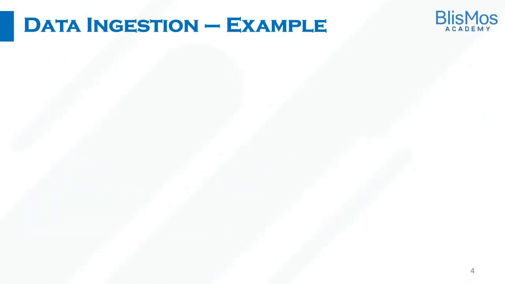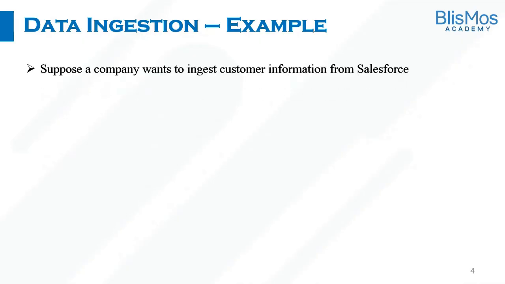So let us take an example of data ingestion. Let us say a company wants to ingest the customer information from Salesforce. So the data engineer has to study the Salesforce objects like account and contact.